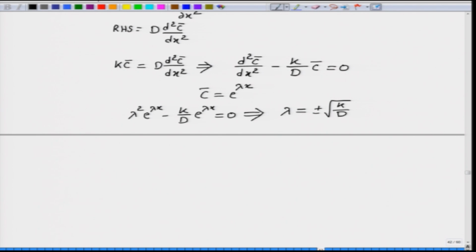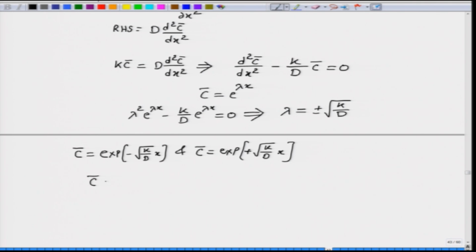So, we have two solutions here. One is c bar equal to exponential minus root k by d x, and the other is exponential plus root k by d x, and we know the linear combination of solutions is also a solution.